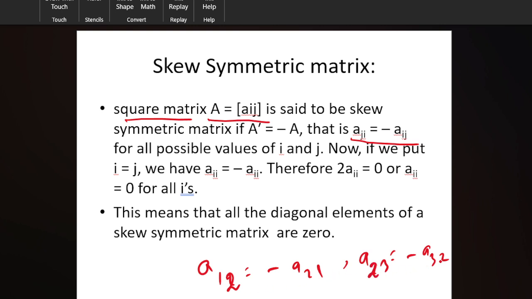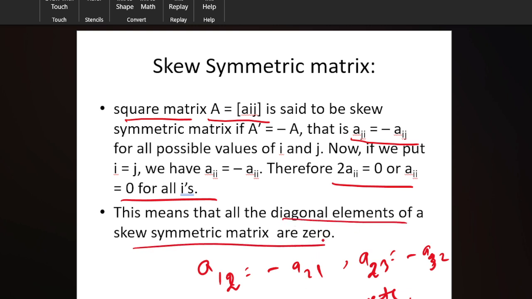We can see this in case of a skew symmetric matrix. And here the diagonal elements will be 0 in case of a skew symmetric matrix. We may get an MCQ question on this point also sometimes.